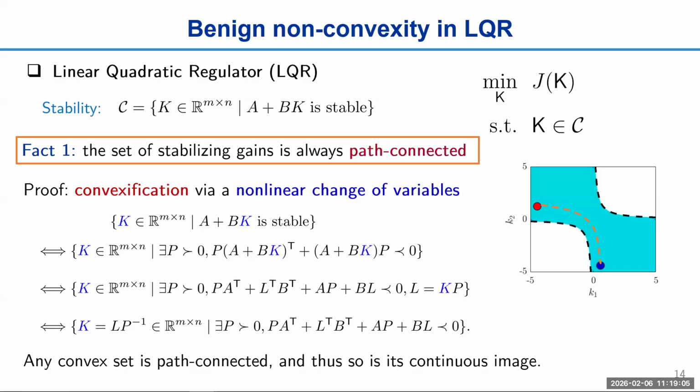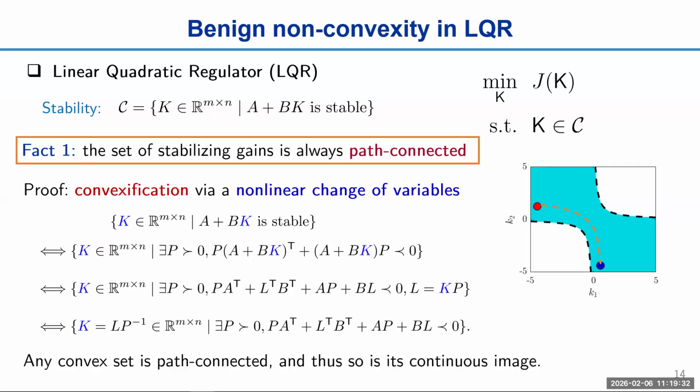The reason is really because we have a convexification procedure for this set, and it's path connected. Now if you go back to the case where you have a matrix C here, this change of variable may not work, so you cannot prove this connectivity result using this procedure. And really, we can show this disconnectivity using examples if you have output measurement only.